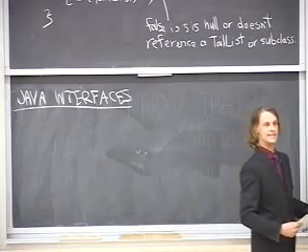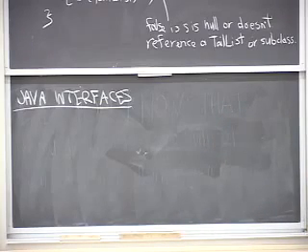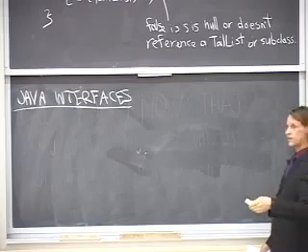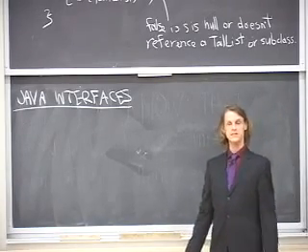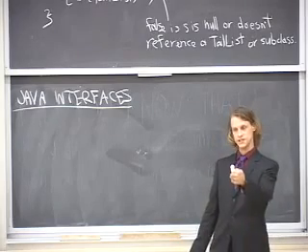Java has an interface keyword, which is confusing because I've already taught you about something called interfaces. And that word interface is a general computer science term, and that's how it's used in all kinds of different languages. Question?